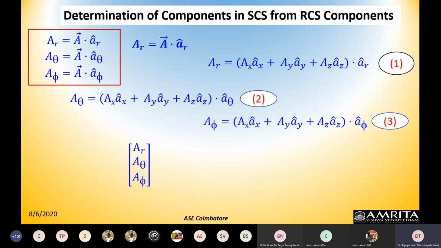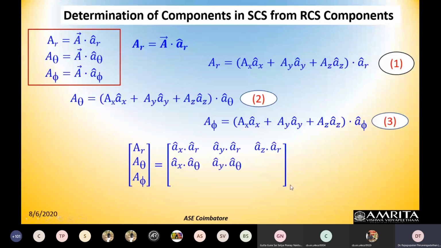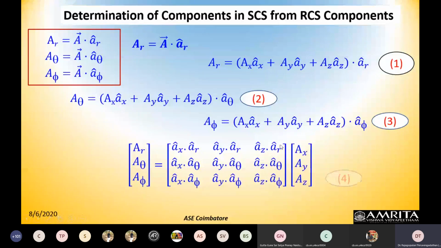Once I have that, all these three equations can be combined in a matrix form. So again, we are getting three components out of three components which we know. The r, theta, phi components are not known. What we know is A_x, A_y, A_z. For example, given a vector as 5 a_x hat plus 3 a_y hat plus 4 a_z hat, I know the components along the x, y, z directions as 5, 3, 4.